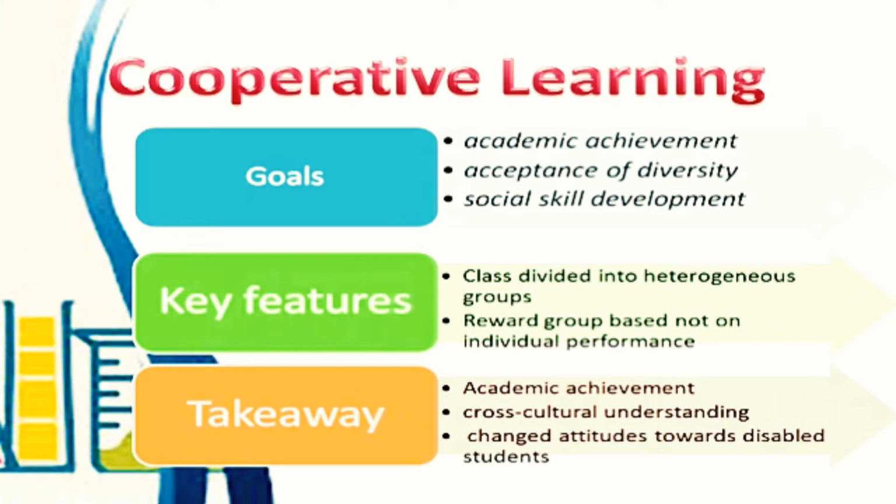This ensures that each and every child participates. So the takeaway from cooperative learning is academic achievement of the child, cross-cultural understanding, and a changed attitude towards disabled students. Because the group gets a reward only when each and every individual contributes.